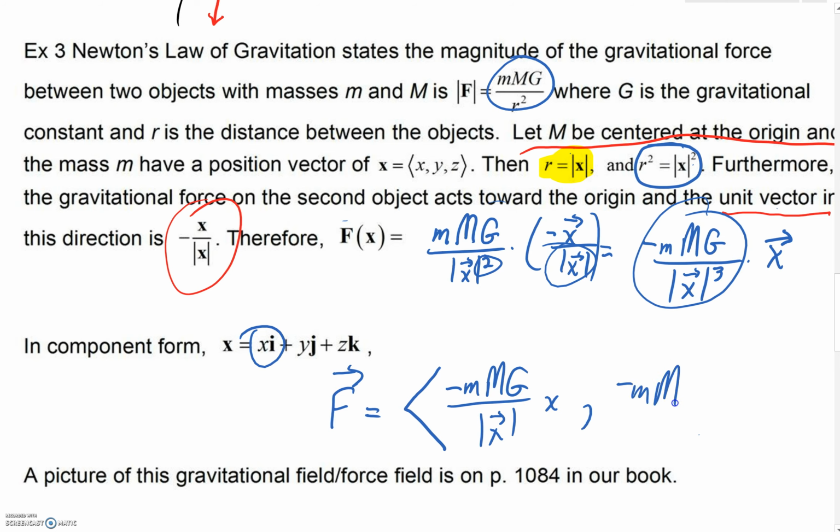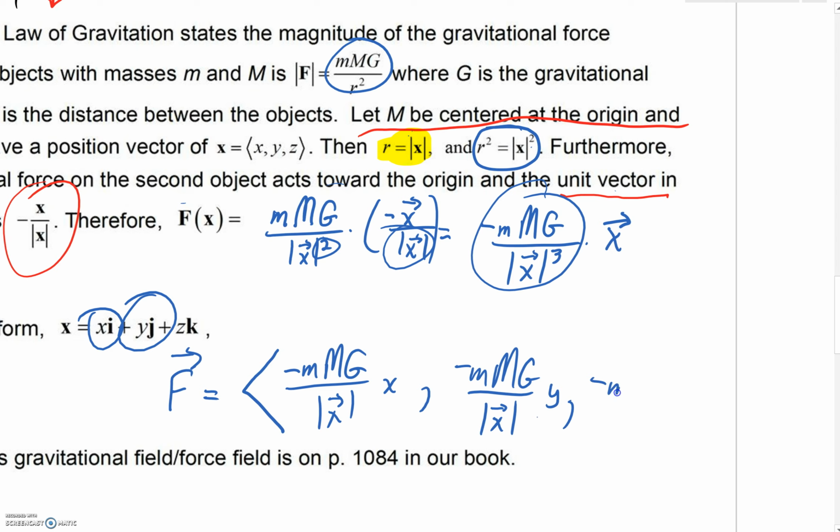You'll have negative m, capital M, G, all over the length of vector x. Well, look in your y direction. We just wrote that as a y. And then we'd have negative capital M G all over, and all these are cubed, pardon me. Just as we saw right there. And there you have it. That would be in component form.